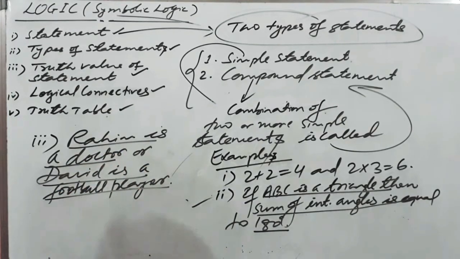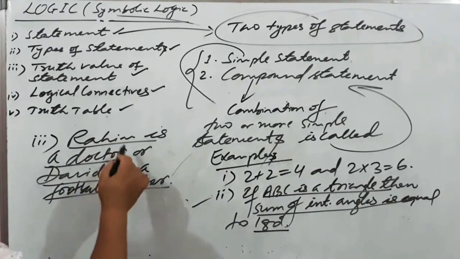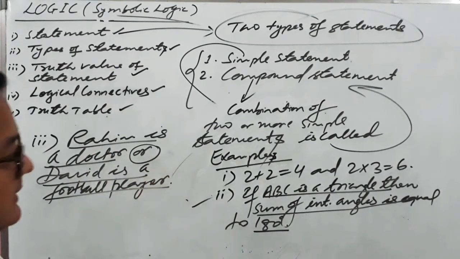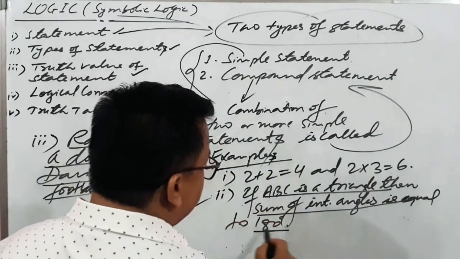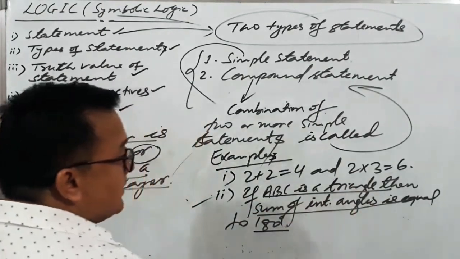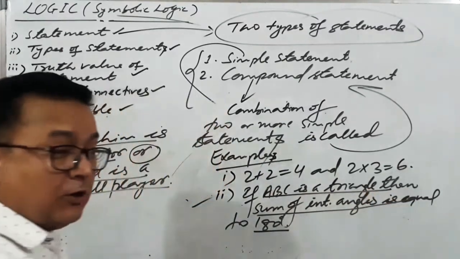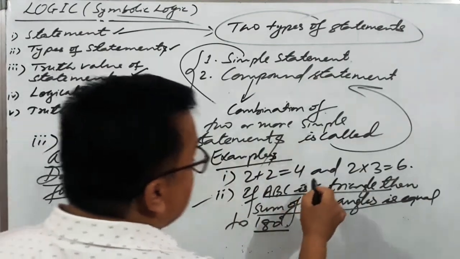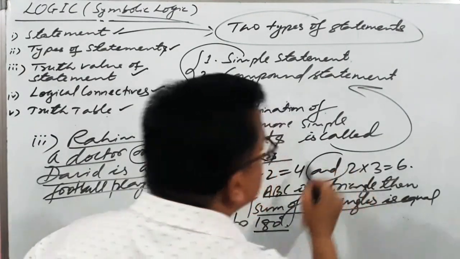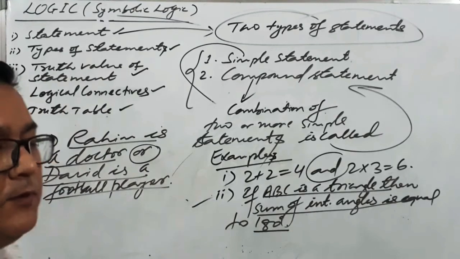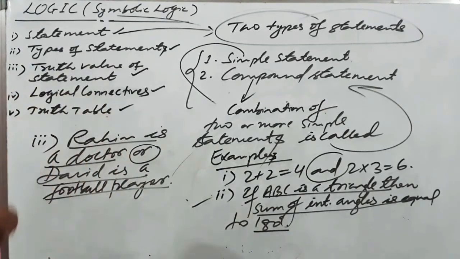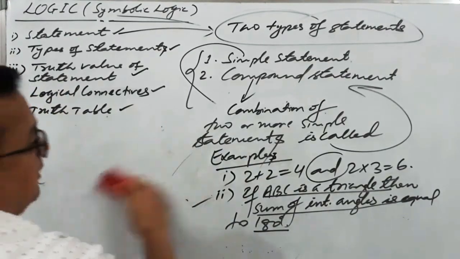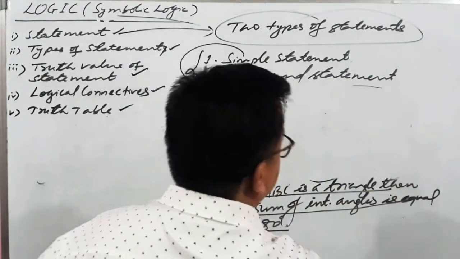David is a football player is another statement. Here the two simple statements are connected by this word, which is called a logical connective. And here also, if then. I have connected these two simple statements by if then. This is a logical connective, right? And here they are connected by and, this is also called a logical connective. We will discuss logical connectives later. Now, these are the examples of your compound statement. So I hope you are clear about compound statements, right?